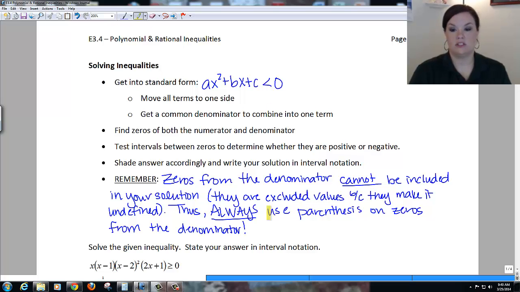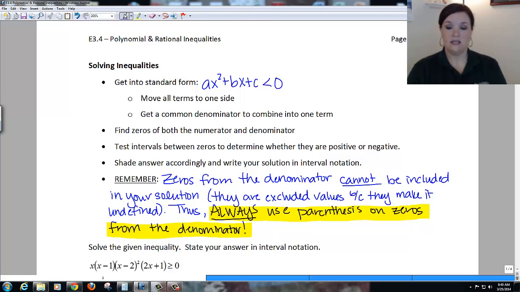Okay, and I'm going to just go ahead and highlight that. Always use parentheses on the zeros from the denominator. Very important. Okay, remember, we use parentheses to exclude that value and we use brackets to include that value.